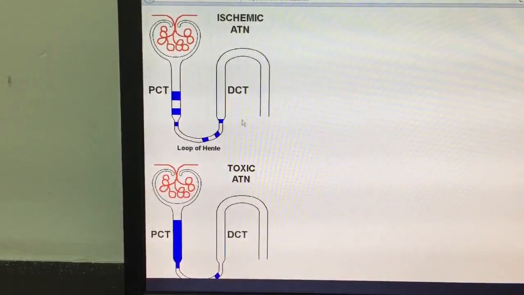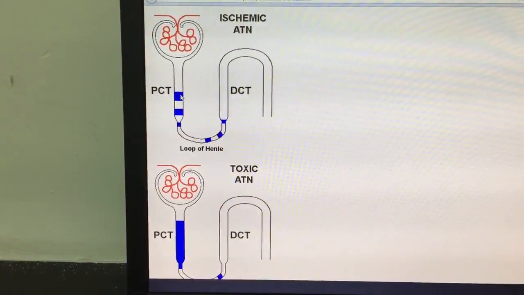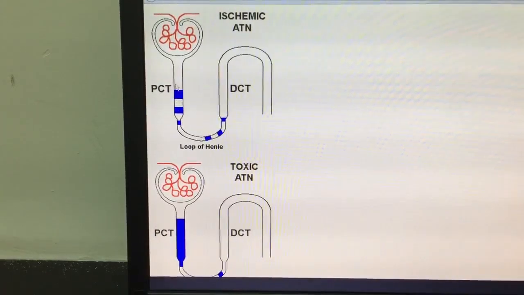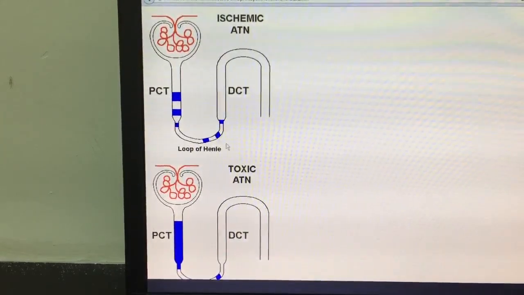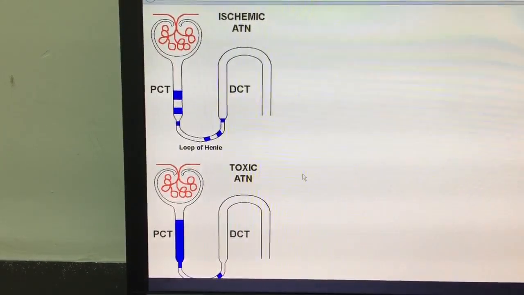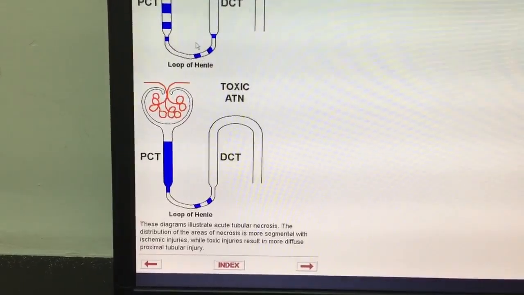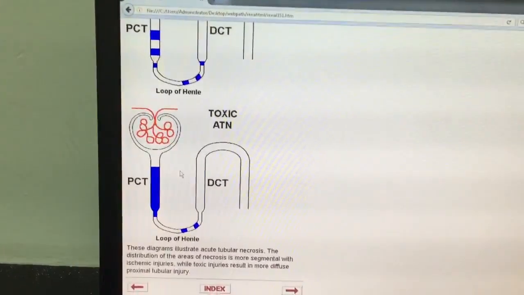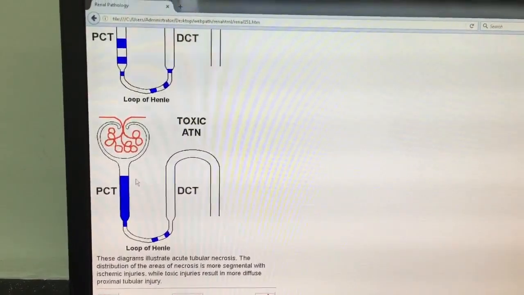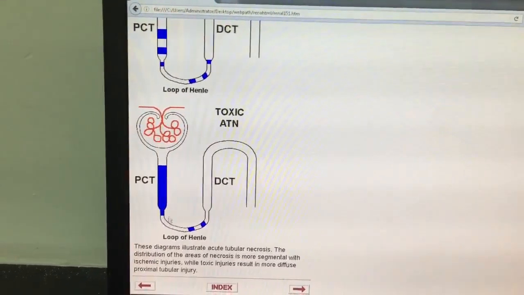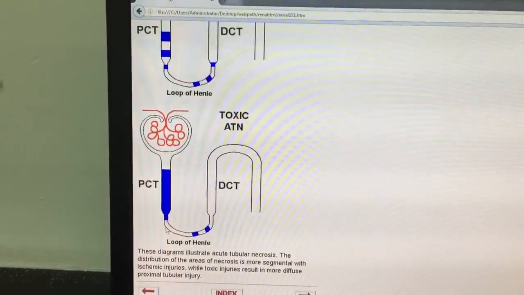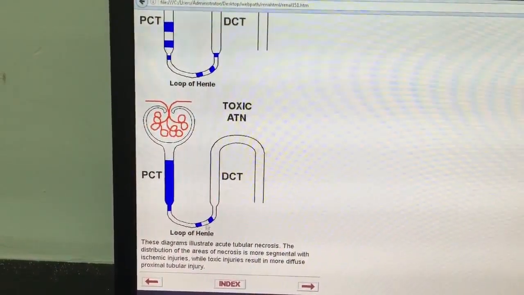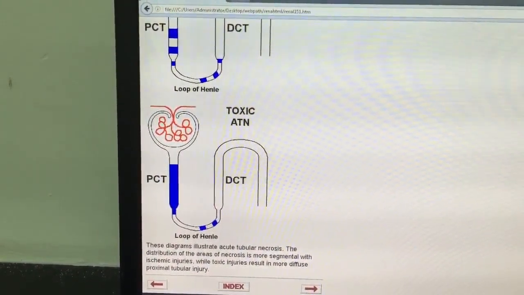Usually, ischemic acute tubular necrosis is patchy and segmental, with segmental involvement of the proximal convoluted tubule and some involvement of the loop of Henle, while in toxic acute tubular necrosis, the involvement and the injury will be diffuse along the proximal convoluted tubule as well as foci of the loop of Henle.